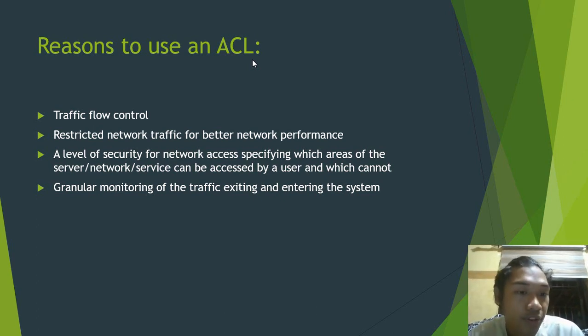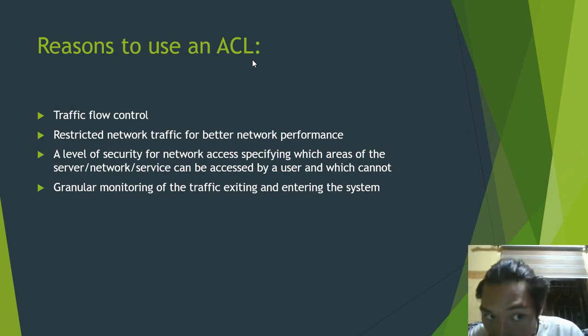Number two, restricted network traffic for better network performance. The network traffic is being restricted or secured for better network performance, to avoid slower network connections and slower internet connections.